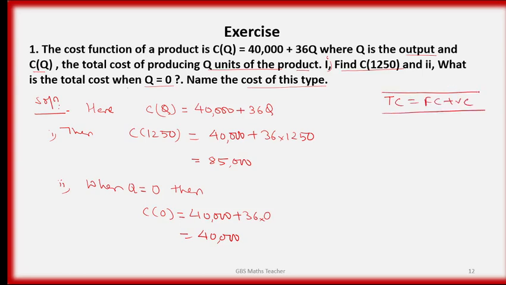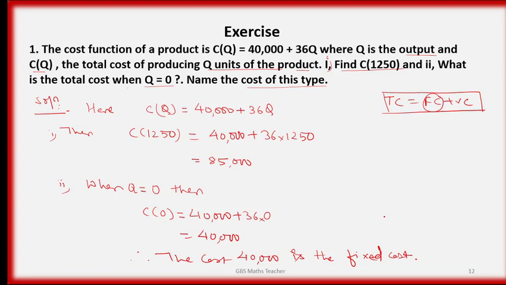We have studied this. So this cost only, that is 40,000 only, if the quantity produced is 0, this is therefore the fixed cost. In this way we can solve this question.